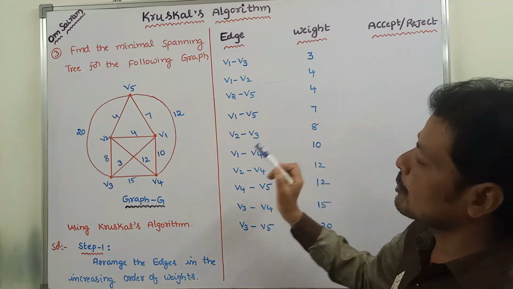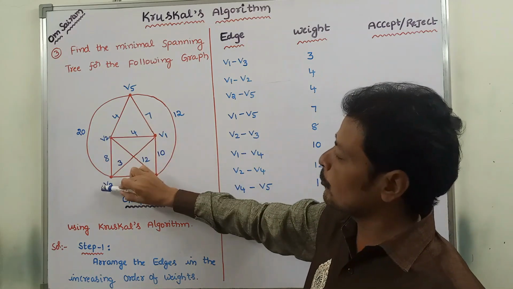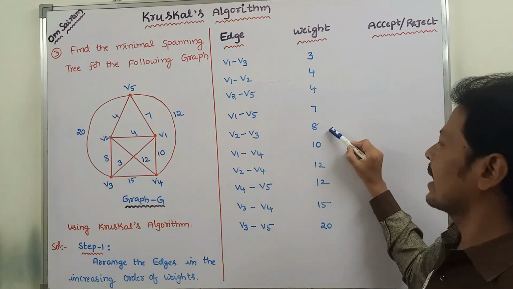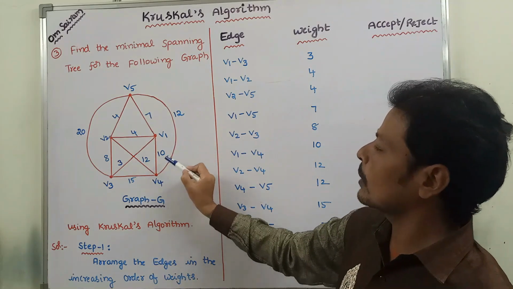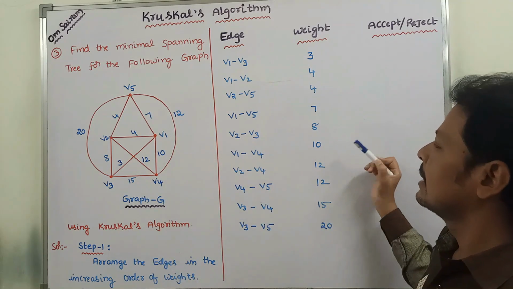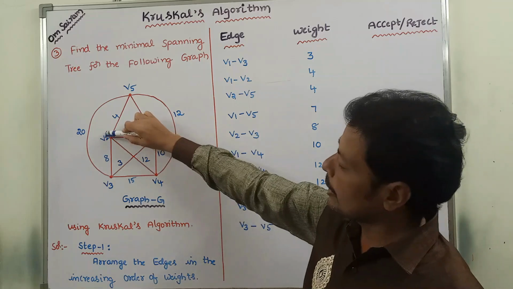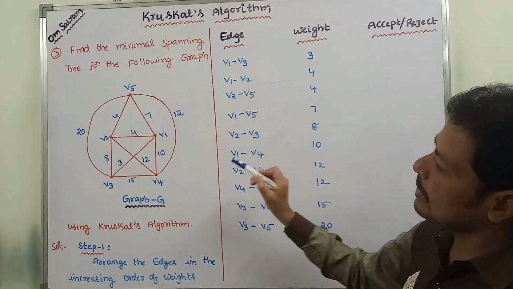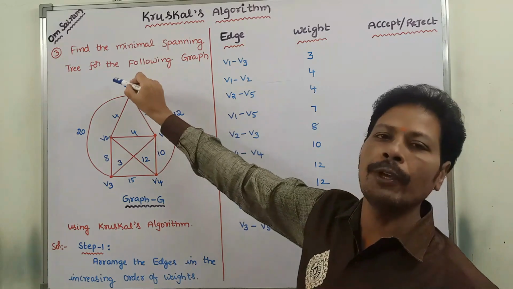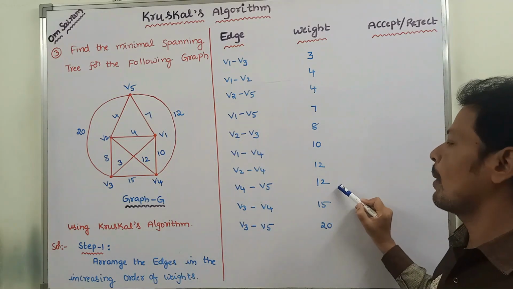Next one is V2 to V3, its weight is 8. Next is V1 to V4, its weight is 10. Next is V2 to V4, its weight is 12. Next is V4 to V5, its weight is 12.